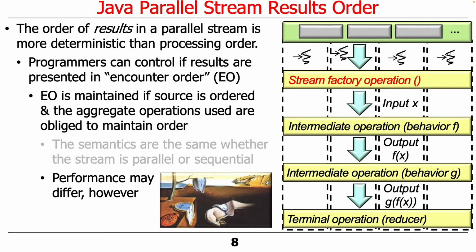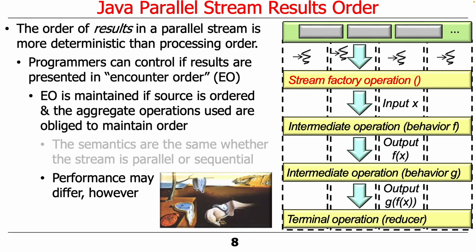So the take-home point from all this discussion about ordering is that you do have control over the ordering of results. You don't really have control over the processing order in most cases, but you can control the results. And the way you can control the results, as we'll see, is through picking appropriate data sources. Some are ordered, some are not.